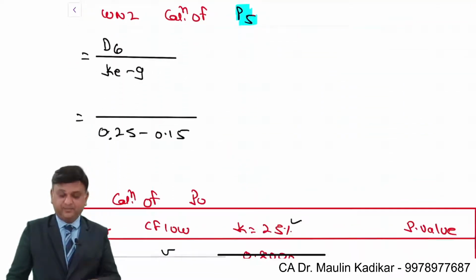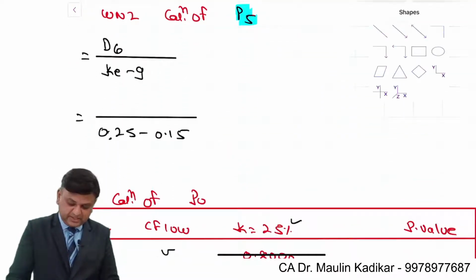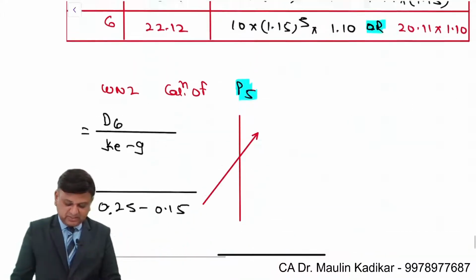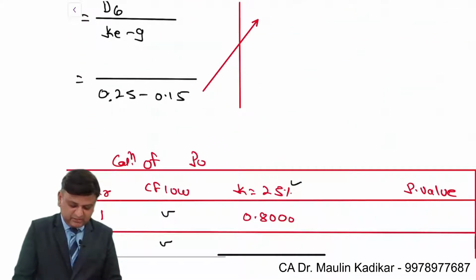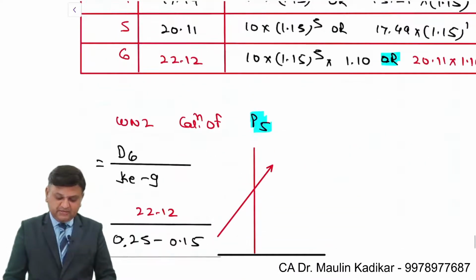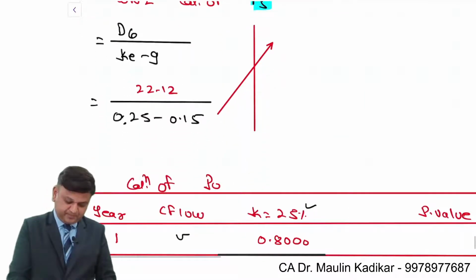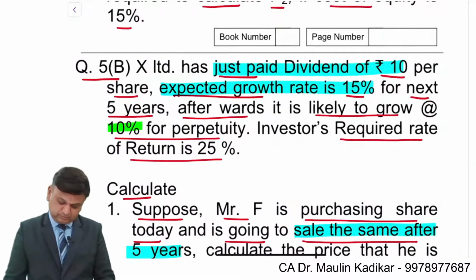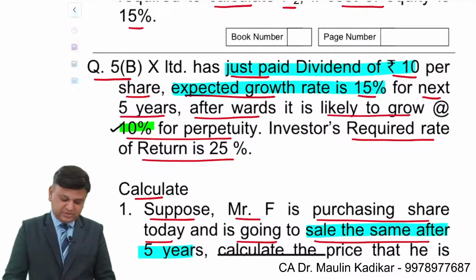Then P5. Let us see how to make the calculation of P5. It is D6 divided by KE minus G. 6th year dividend is 22.12 divided by KE minus G. G growth rate is 10% after 5 years.